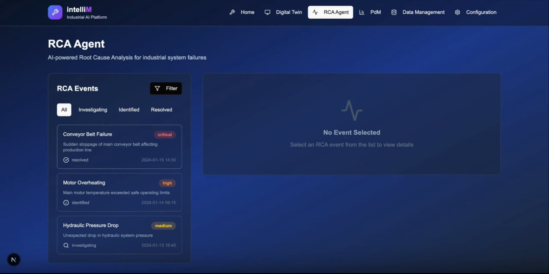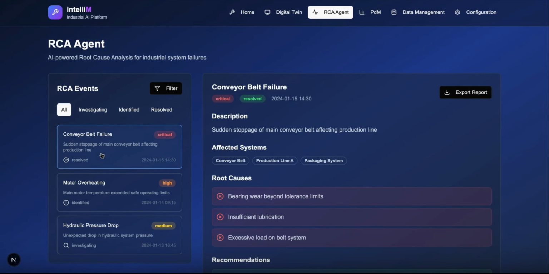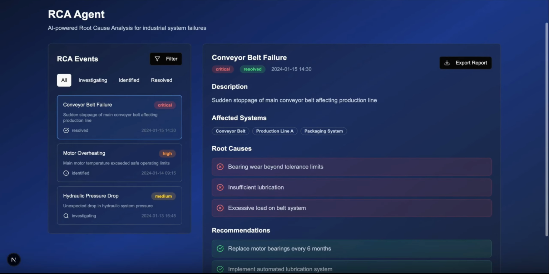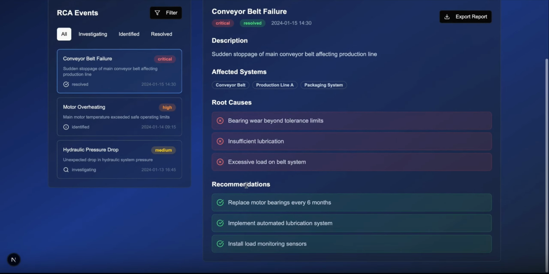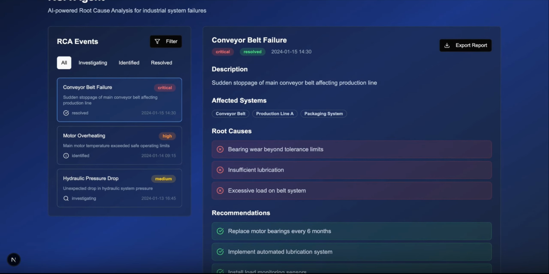What we do is we dig into the PLC logs, the raw sensor data, any kind of manuals that you have across your shop floor, your SOPs and so on. And then we give you a particular description for a particular type of failure. We try to point out the different kinds of root causes, give different kinds of recommendations, and also tell you what you need to do in order to get these fixed.